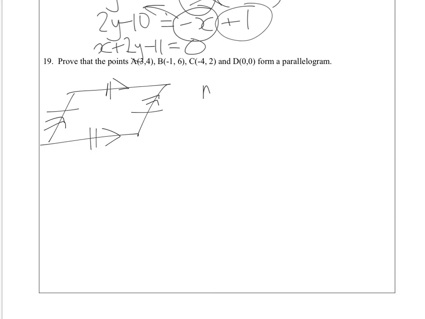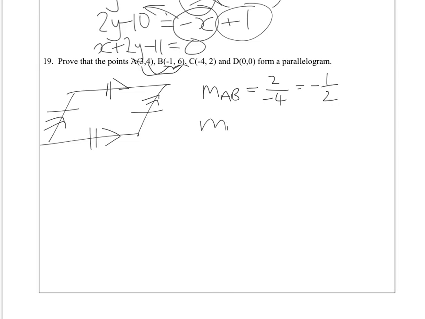So the gradient of AB is rise over run, so 6 minus 4, or how do you get from 6 to 4? We rise 2. How do you get from 3 to negative 1? It's down 4, which is the same as negative a half.